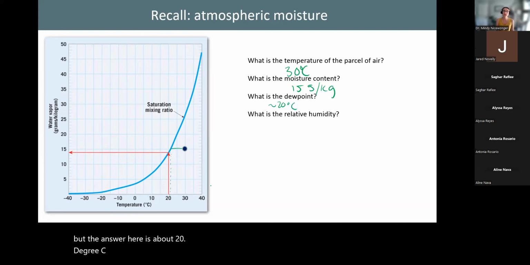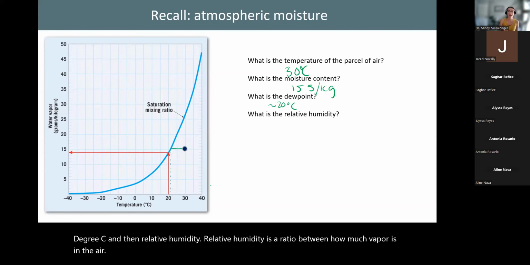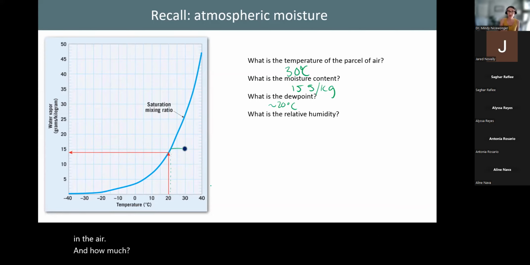And then relative humidity. Relative humidity is a ratio between how much vapor is in the air and how much vapor is in the air at saturation. Okay, I also told you it's like walking along the line here on the same temperature.